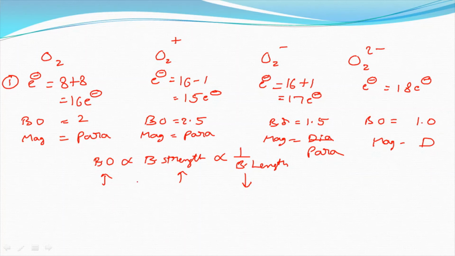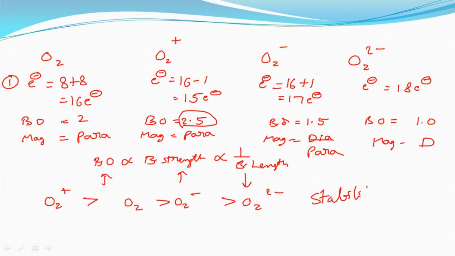Keeping the relation in mind, you should note down the order here. More bond order is 2.5, that is O2 positive is greater than O2 is greater than O2 negative is greater than O2 2 negative. This is related to stability, or you may say bond strength.